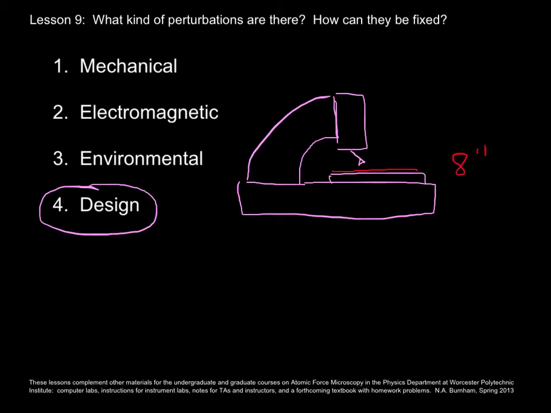But the problem is that even though these pieces are big and stiff and you don't expect them to vibrate, again, we have an extraordinarily sensitive instrument here. And this arm wiggles up and down like that. So much so that it would be unrealistic of me to expect better than 2 angstroms of noise.